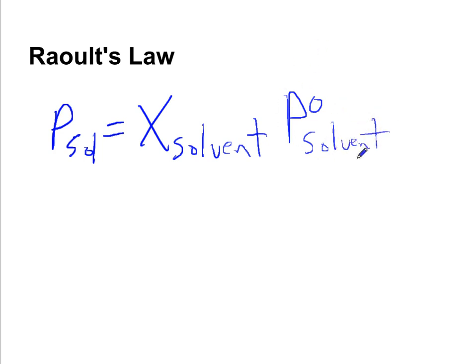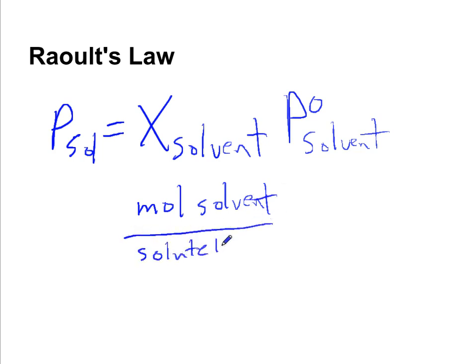So you take the vapor pressure of the solvent before there was any solute added to it and multiply it by the mole fraction of that solvent to find the new vapor pressure. Remember that mole fraction is moles of solvent over moles of solute plus solvent, the total number of moles. That will give you your new vapor pressure for the solution.